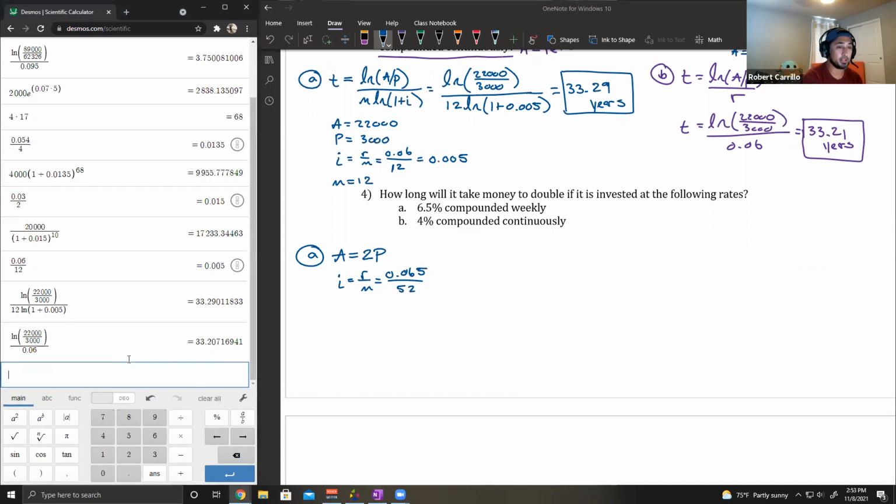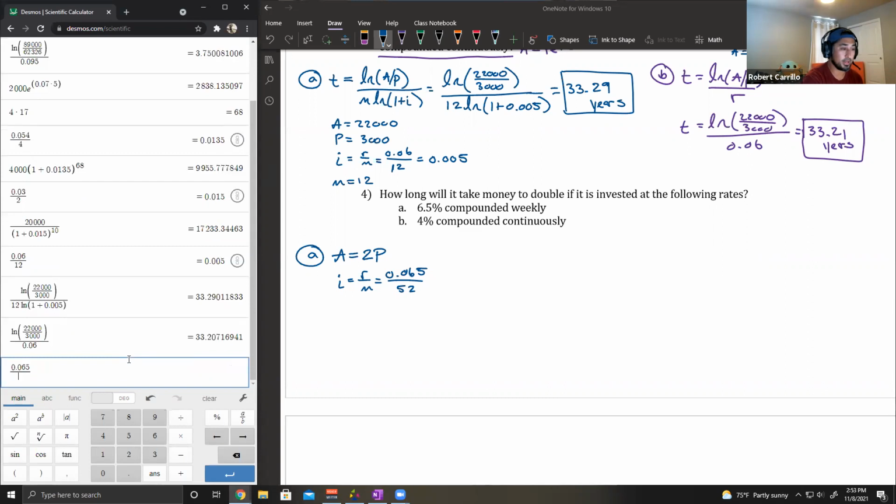And I don't think that's a good number. Let's see, 0.065 over 12, not 12, 52. Oh, it is a nice number. 0.00125. And again, we're looking for time. So all we need to know is that compoundings, which is 52.